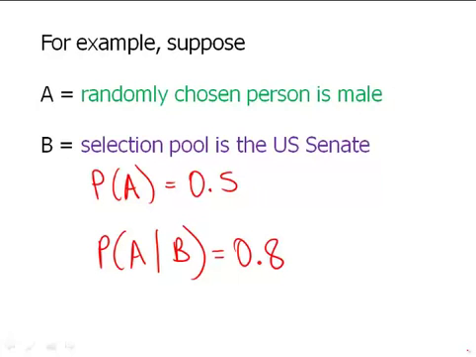The Senate would be split 50-50. It would be representative of gender. That's not the world we live in, unfortunately. There are many, many more men in the Senate, and this is why the conditional probability is different from just the probability of A. Another way to say that is this is why these two events are not independent, because one changes the probability of the other.